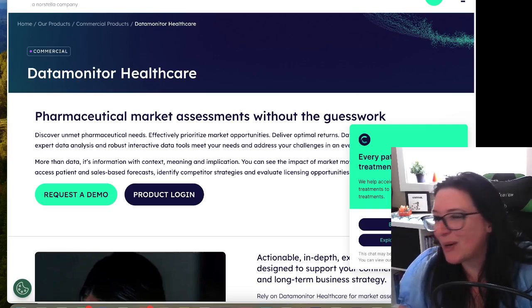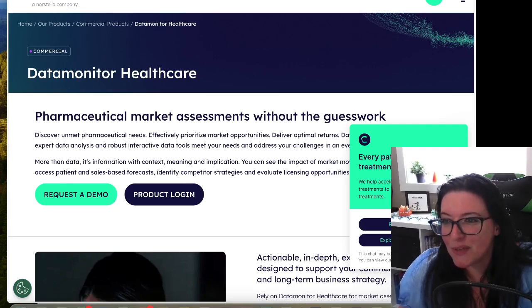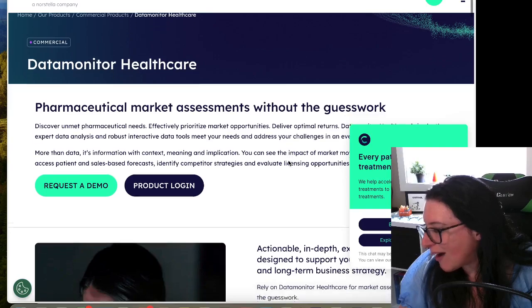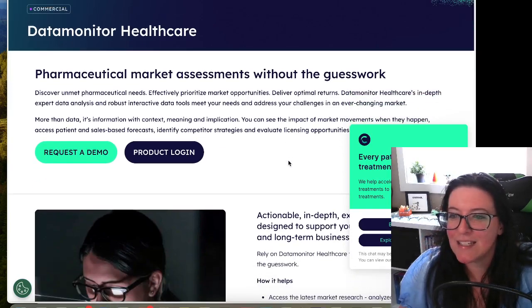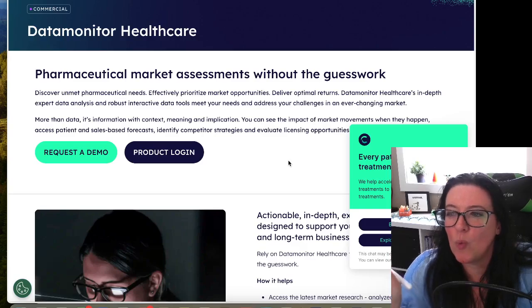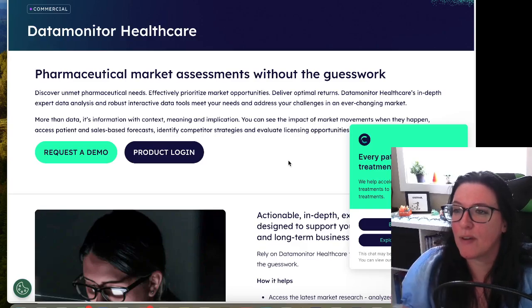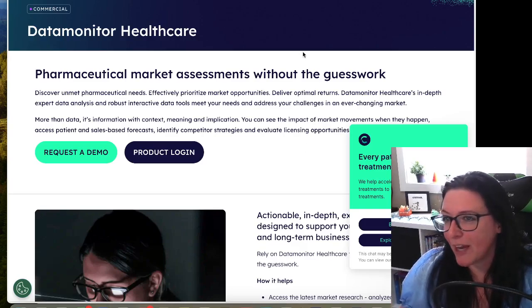So in this particular one here, this one is related to pharmaceutical data. So if you're looking for information about what is happening related to drug effectiveness and what drugs are applicable to different individuals, different groups, that's what you would find here.